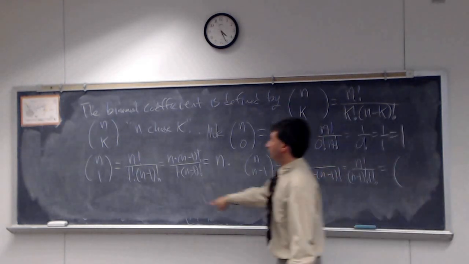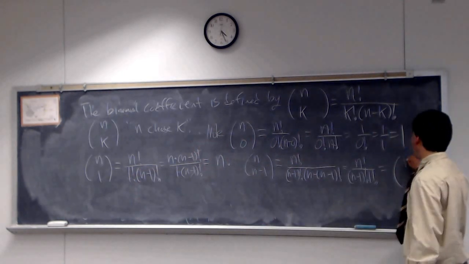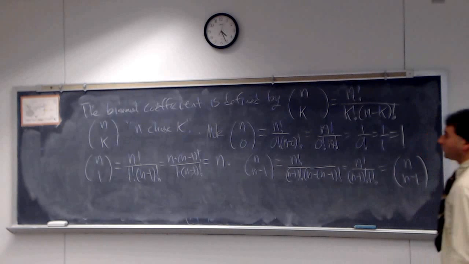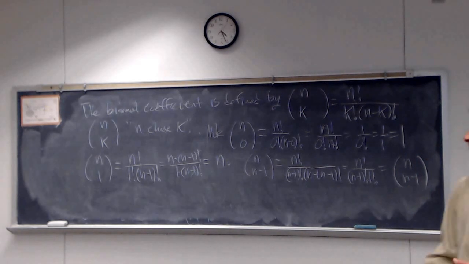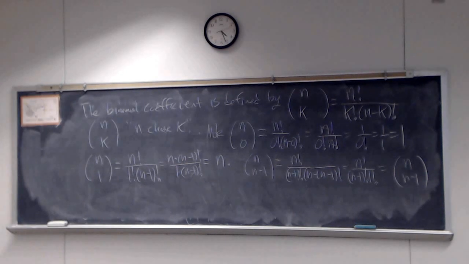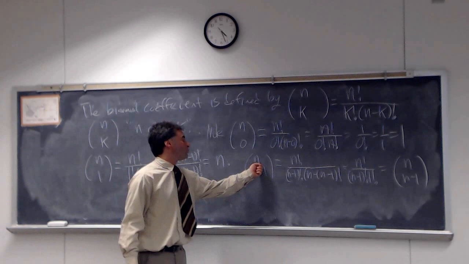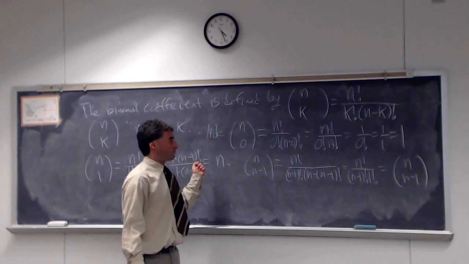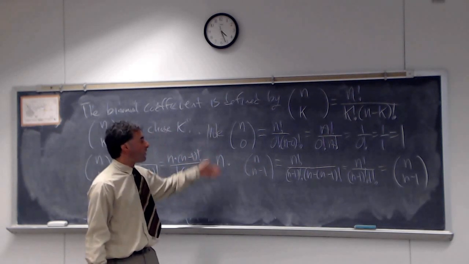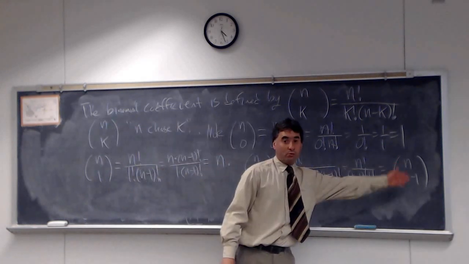And that looks basically the same as that, except for the order we've multiplied the two numbers in the denominator. Again, if you think about choosing n minus 1 elements from an n element set, it's really the same as choosing one element from the n element set, namely, choose which element you leave out. The number of ways you can leave out one element is going to be the same as the number of ways you can pick all but one element.